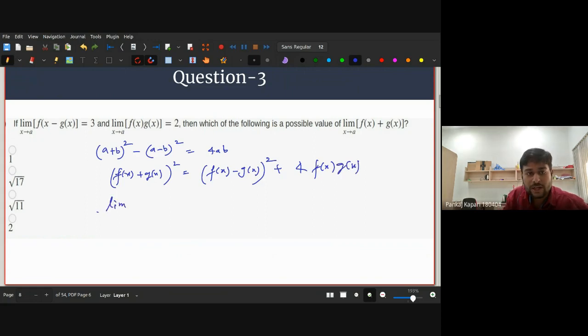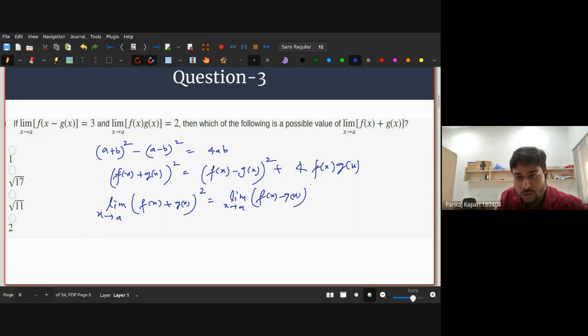And therefore the limit as x goes to a of (f(x) plus g(x)) whole square is the same as this limit and this limit. So this is the limit as x goes to a of (f(x) minus g(x)) whole square plus 4 times the limit as x goes to a of f(x) into g(x). Now this limit is given to be 3.